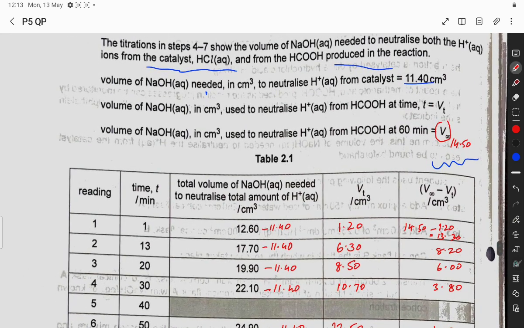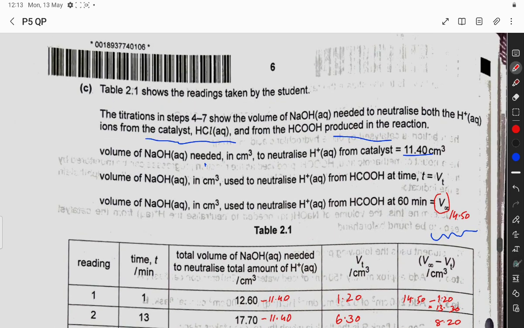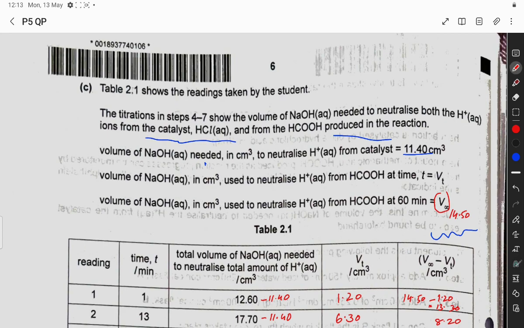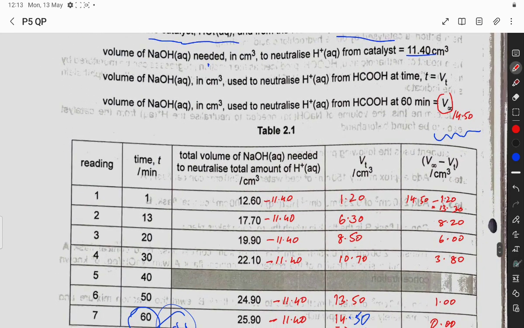So the total volume of sodium hydroxide needed to neutralize the total amount of H+, so this is 12.60, and we have the volume of sodium hydroxide for the catalyst, which is 11.40. So calculate by subtracting 11.40 from 12.60.